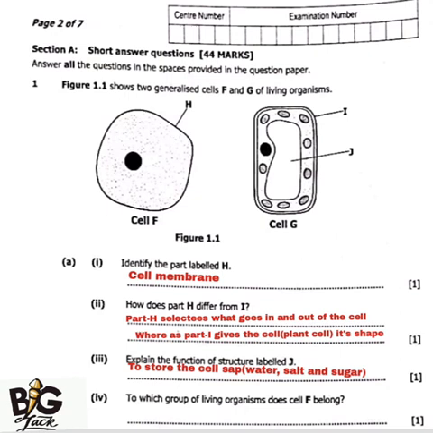Then Roman numeral 4 is saying to which group of living organisms does cell F belong? Cell F is the animal cell, so it belongs to animal cells.